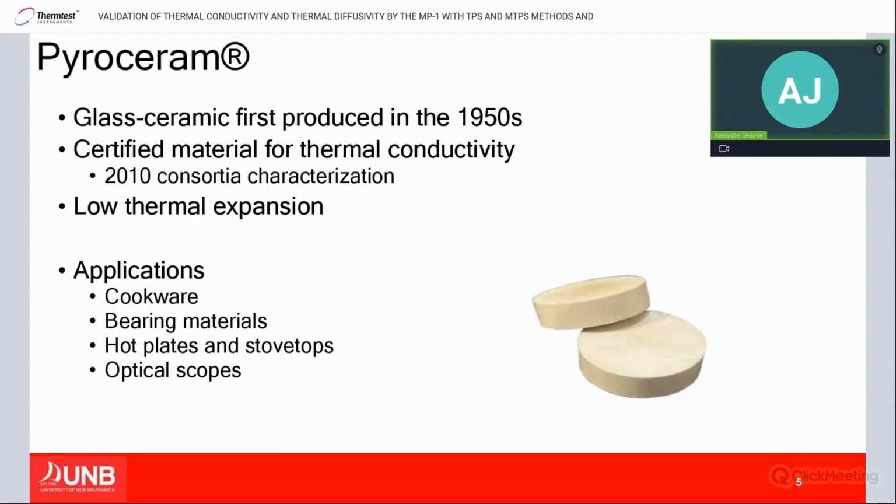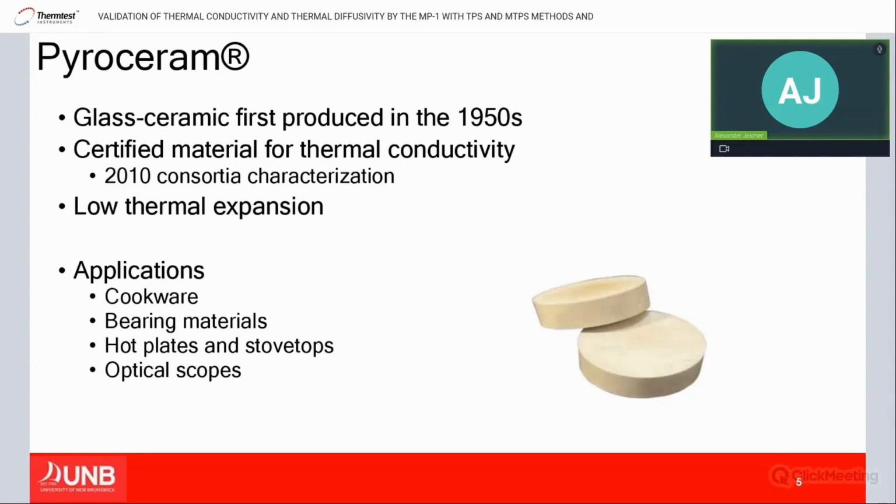And there's a nice 2010 paper where a consortium of labs all over the world all measured the same samples of Pyroceram from the same batch with a whole host of different methods to determine the accepted values of thermal conductivity and diffusivity in the material. Later in the talk, we're going to be comparing our measured values to those.